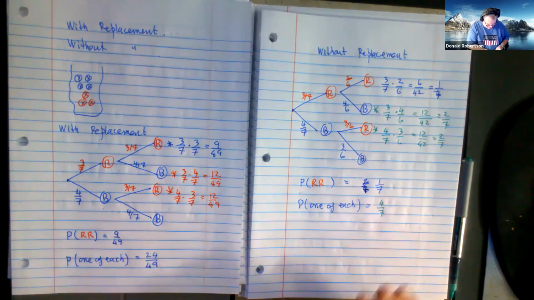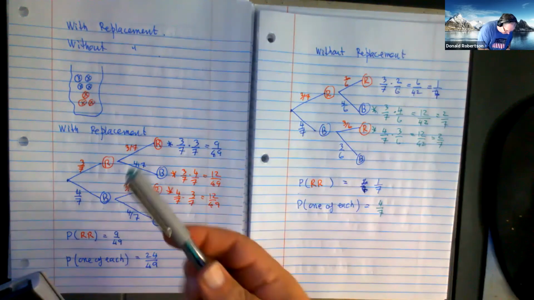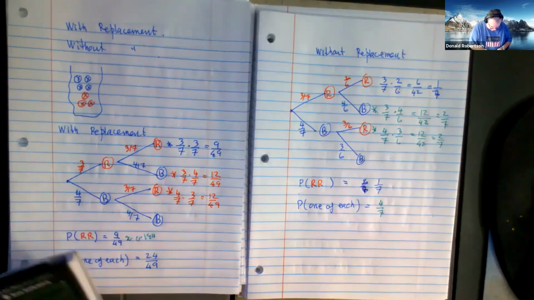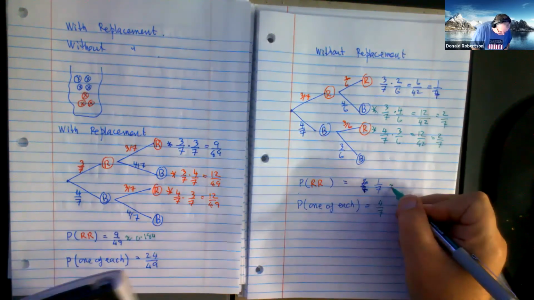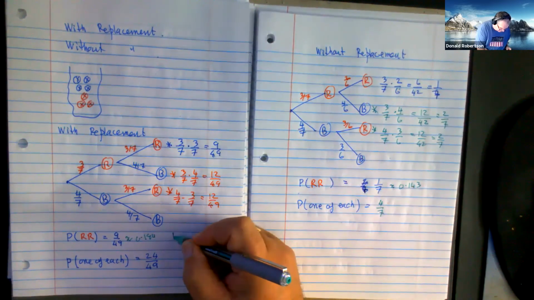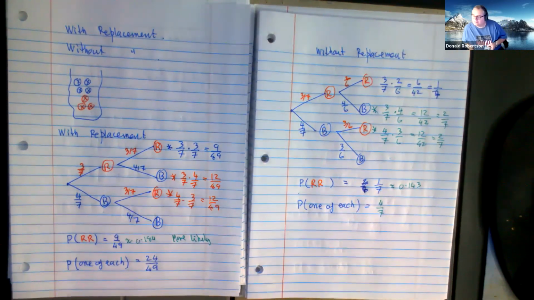So if I turn them into decimals, 9 divided by 49 is roughly 0.184, and 1 divided by 7 is roughly 0.143. Would you agree that this is more likely? Does that make sense that if you keep the reds in the bag, you're more likely to get 2 of them than if you use them up?